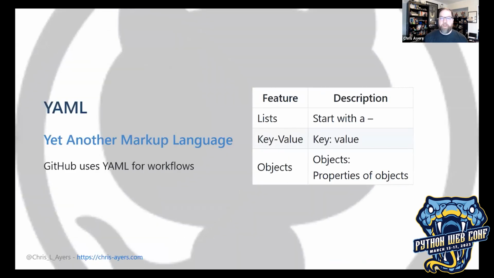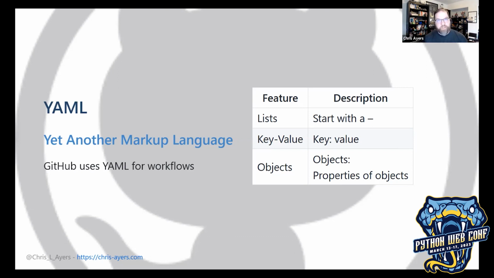It's phenomenal. So starting out, YAML, yet another markup language. There's a couple of basic things you can see listed there, like lists, key value, and objects. Knowing these types of things is going to save you so much trouble, and we'll deal with them as we go through a lot of the samples.